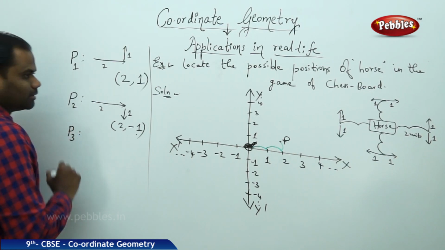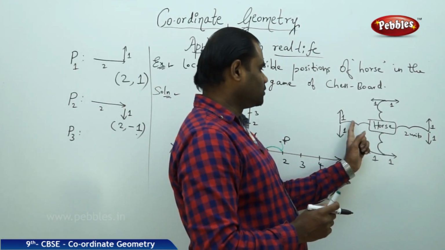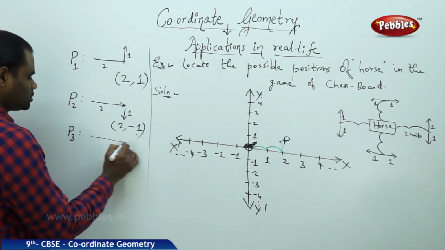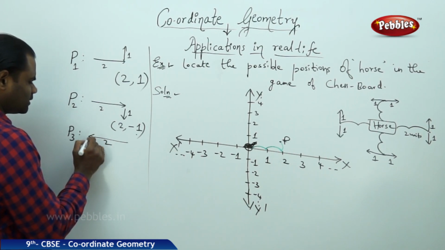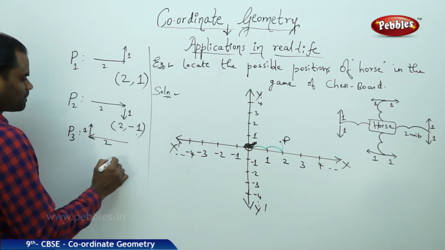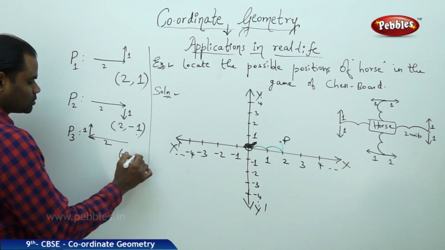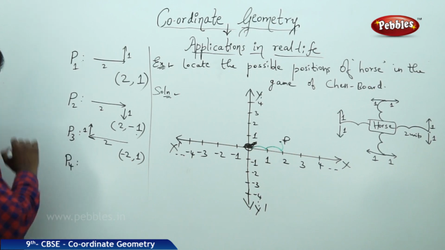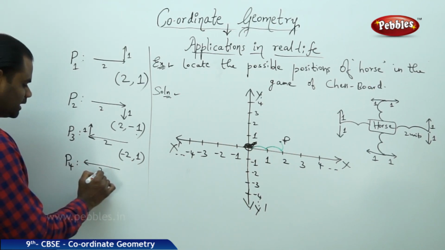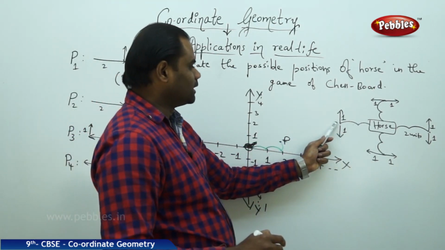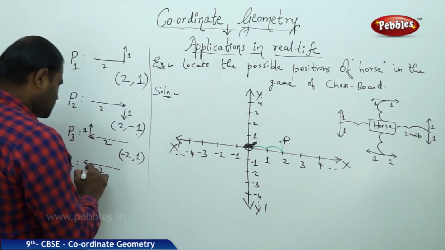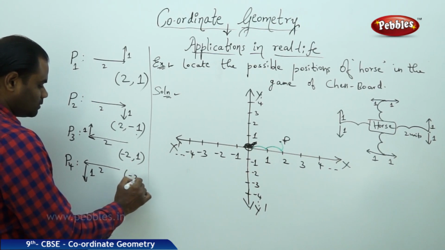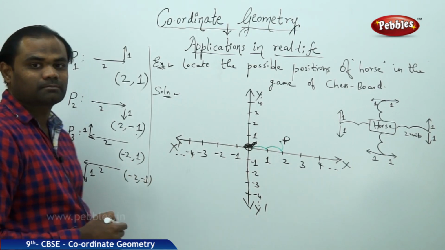Similarly, my P3 is when the horse moves 2 units left and 1 unit up, and this comes out to be -2 and 1. Coming to P4, the horse moves 2 units left and then 1 unit down. So it moves 1 unit down, and I get this to be -2, -1.